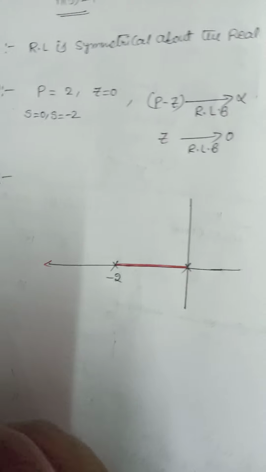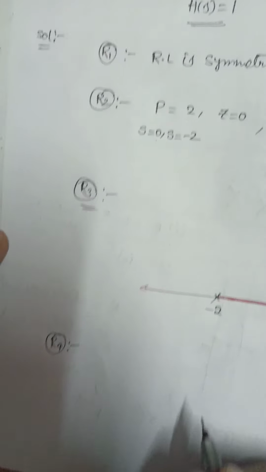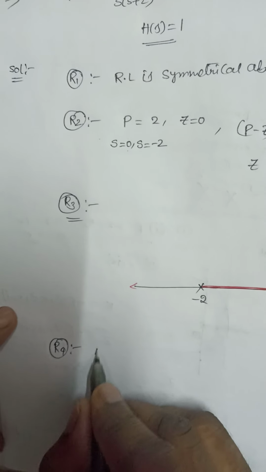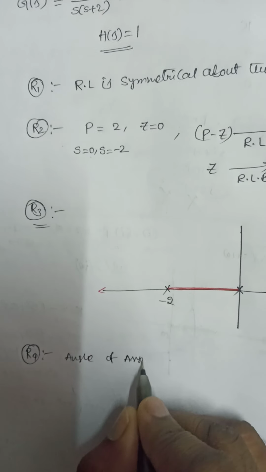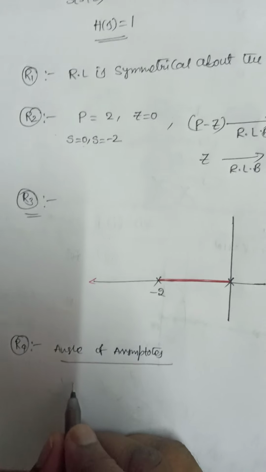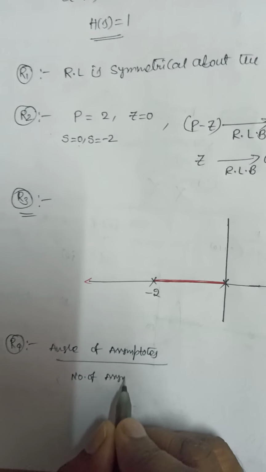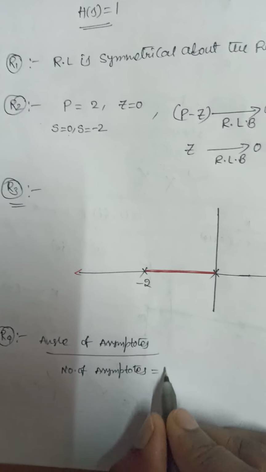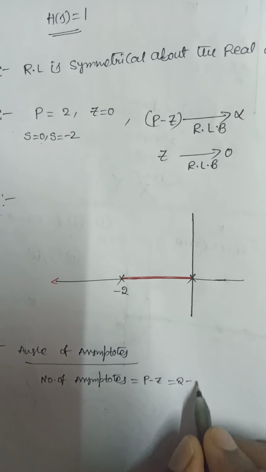Next, rule number 4. In this rule number 4, we will find the angle of asymptotes. Before that, how many asymptotes are present here? The number of asymptotes is equal to P minus Z. For our problem, P is equal to 2, Z is equal to 0.